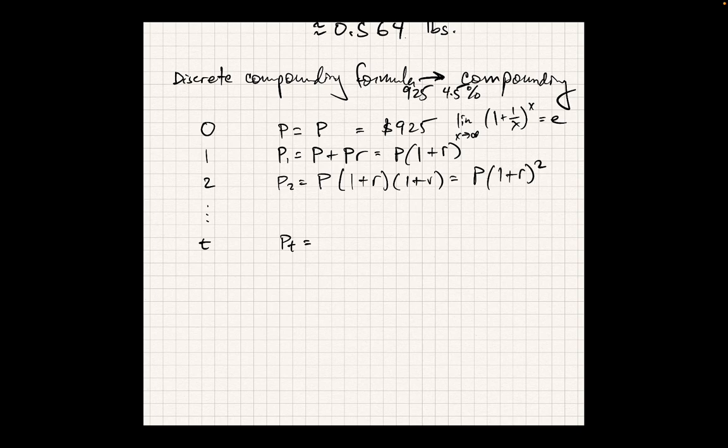And in year 3, I'm starting with my previous amount and I do it again. How do I write that more compactly? P times (1 plus R) cubed. And so we see the pattern all the way down. So what's P sub T? P times (1 plus R) to the T.